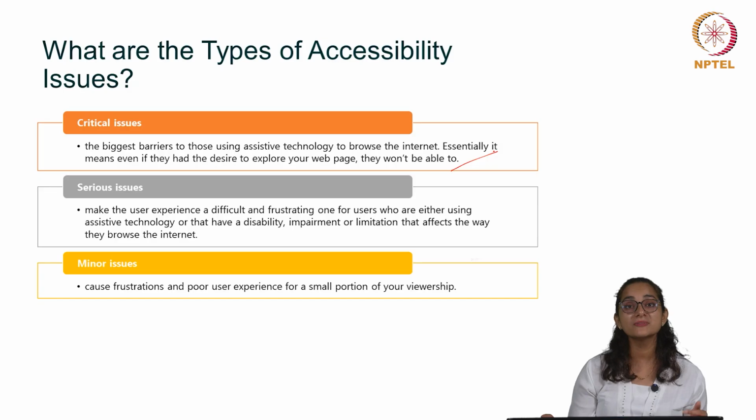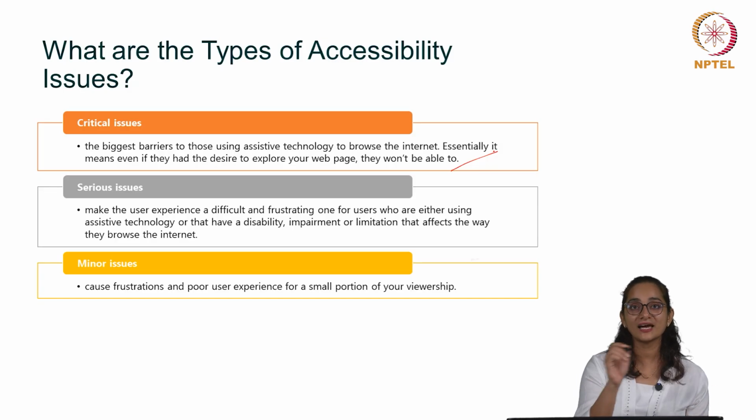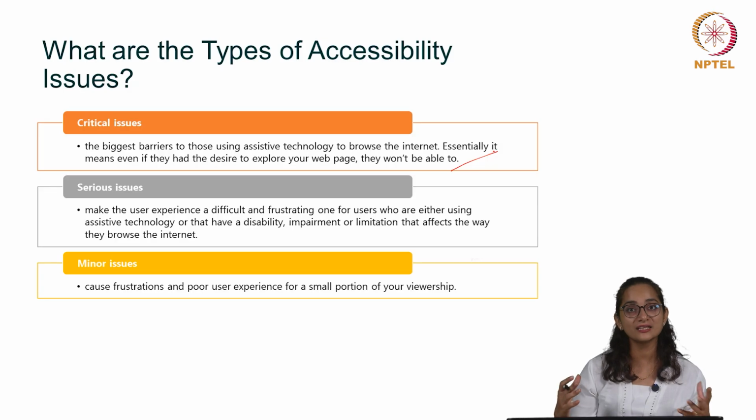Or there is a missing hyperlink. For example, the text has an underline and looks like a hyperlink, but when you click, underneath the code there is no link actually added. So it's not leading anywhere, it's not clicking, it's not taking you anywhere.